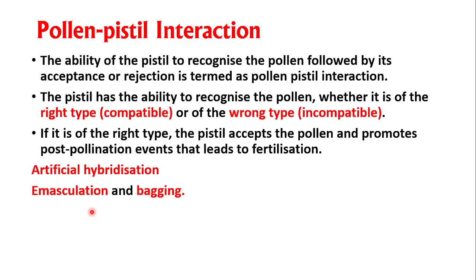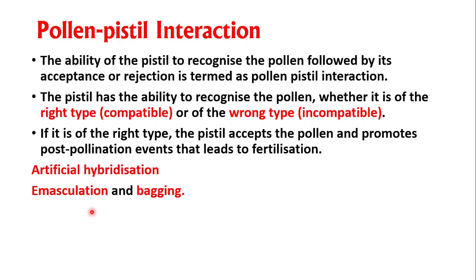Why is emasculation done? Very simple. If the removal of anthers is not done before their dehiscence, what will happen? Soon after their dehiscence, they will transfer their pollen grains to the stigma of the same flower. Then hybridization cannot be done, because pollination will take place immediately.